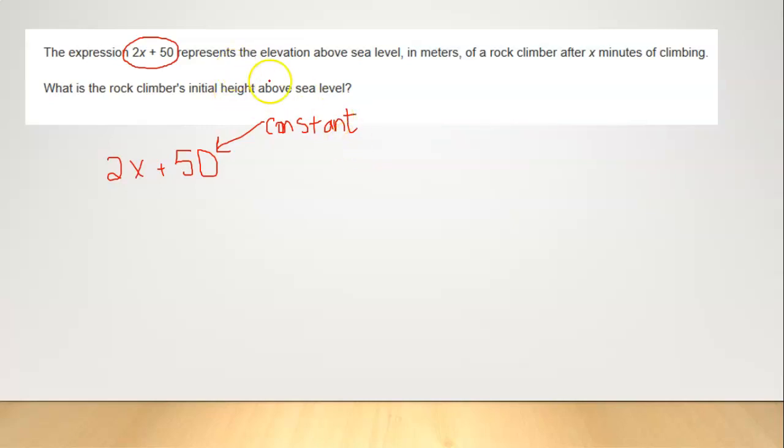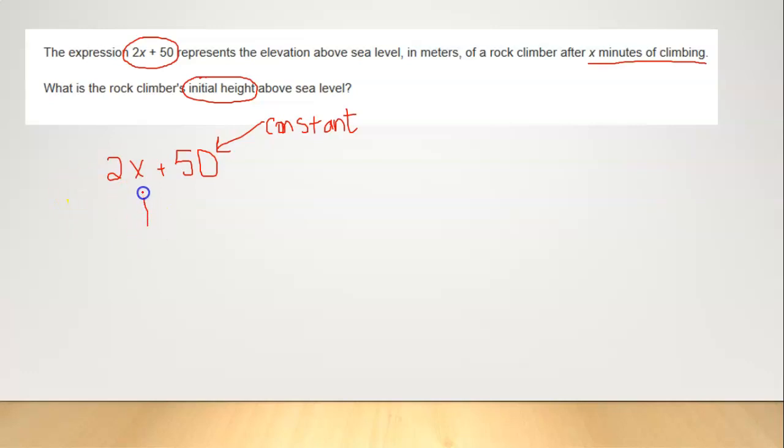It says that it represents the elevation above sea level in meters of a rock climber after x minutes of climbing. What is the rock climber's initial height above sea level? So this entire expression represents how high above sea level a climber is.